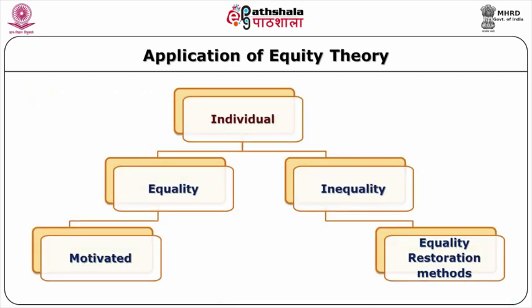As seen earlier also, if the individual perceives equity at the workplace, the individual feels motivated. But if the individual perceives inequality at the workplace, distress is experienced by the individual, and the individual will try to restore equality through the use of equality restoration methods.